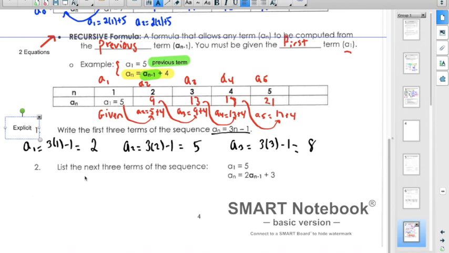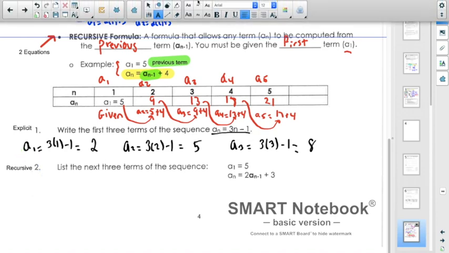Number 2, list the next 3 terms of this sequence. A sub 1 equals 5, and a sub n equals 2 times a sub n minus 1 plus 3. Look how many equations they gave us. They gave us 2 equations, which means we're working with recursive for this one. Okay?